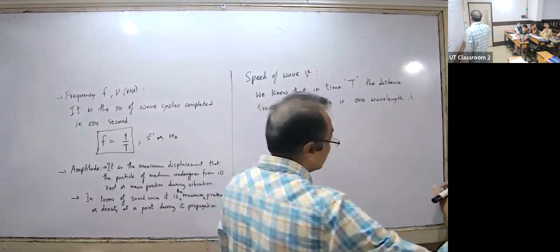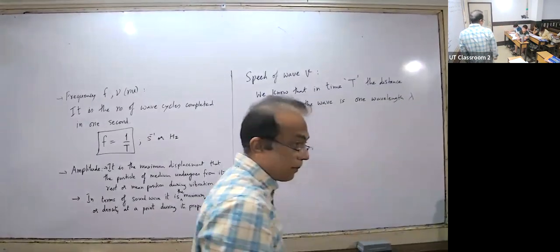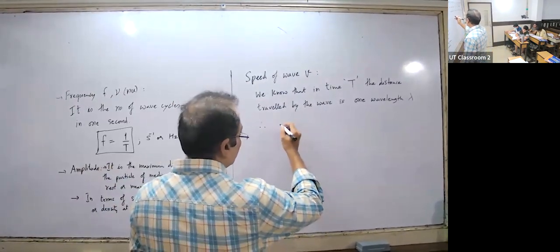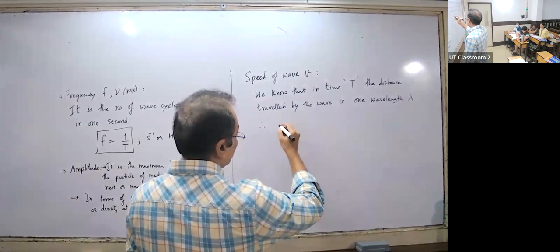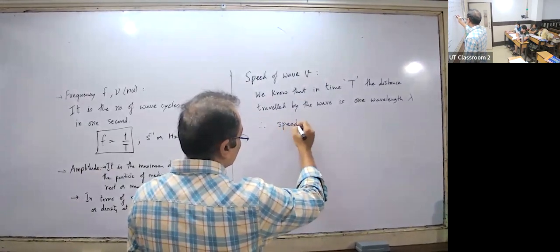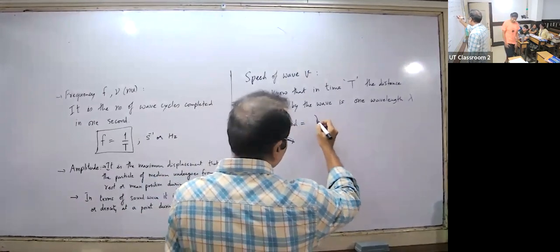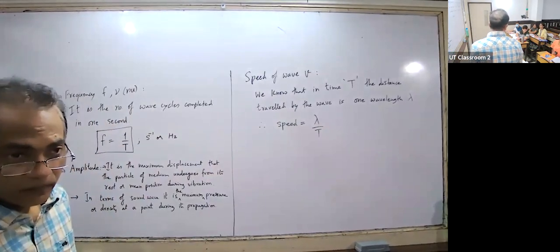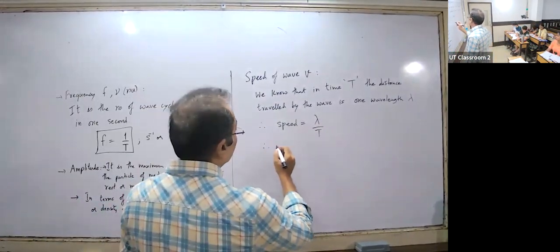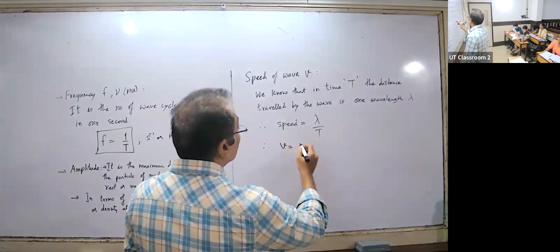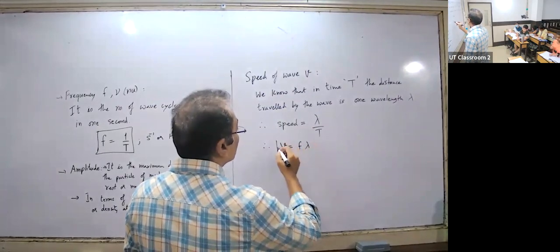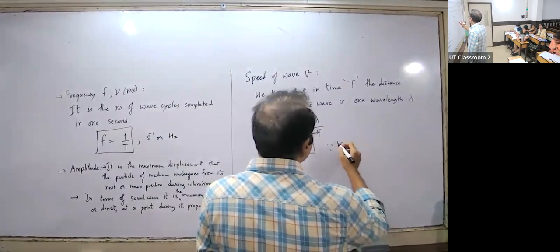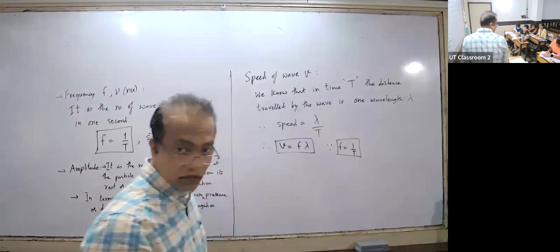Look at what is written in the definition of time period. Therefore, speed is distance upon time, or displacement upon time. What is speed? Displacement upon time. Therefore, v is equal to f lambda. Hence, f is equal to 1 by T. Correct?